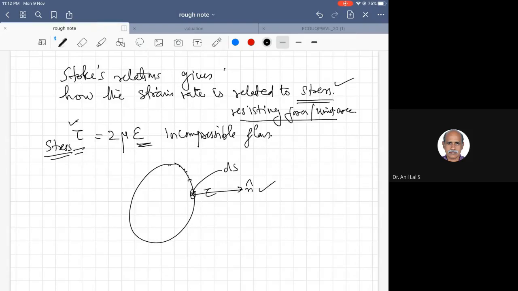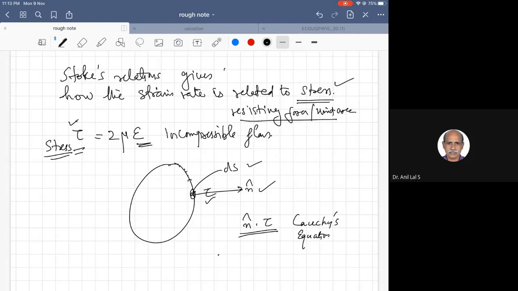So the Cauchy's relation for the force, or the stress vector, the force per unit area, on this small dS is n dot tau. This is Cauchy's equation. So this is a stress vector.